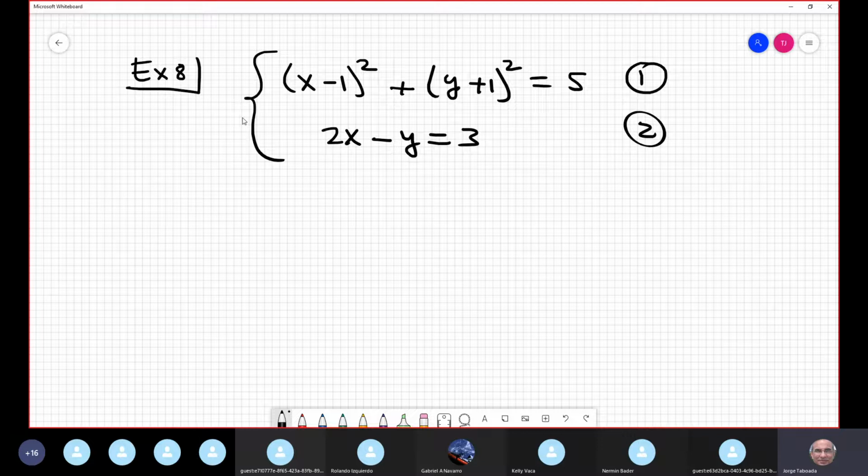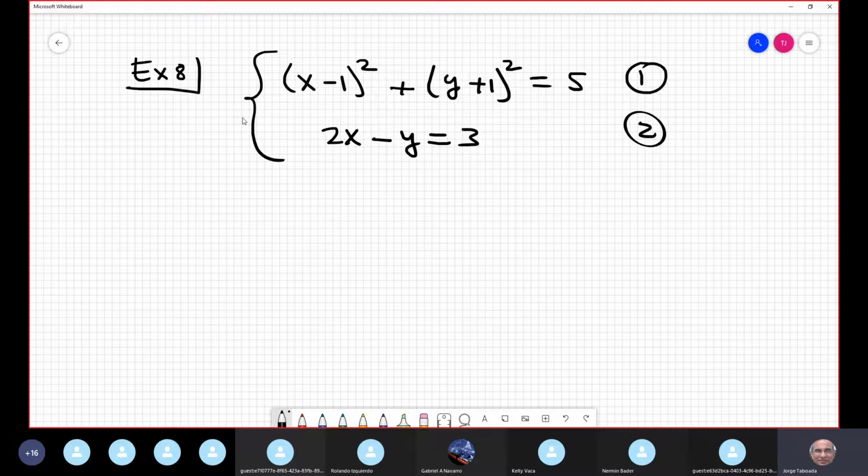Remember, guys, I explained that when you have this, the first equation is non-linear, and the second equation is linear. So you take advantage of the linear. You apply substitution. You solve for the variable that contains coefficient 1 or negative 1, which by the way is the y.